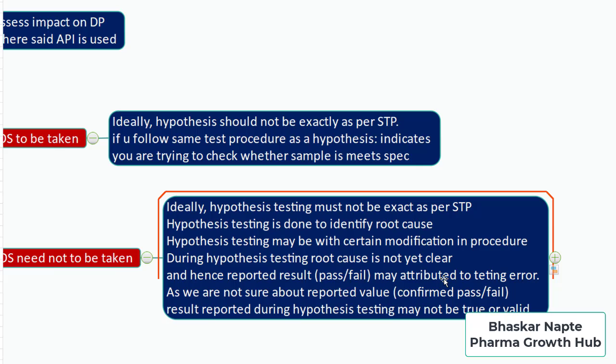You are not very clear about the exact root cause, and hence the reported result, may be pass, may be fail, may be attributed to a testing error that is still hidden, and you are not able to identify it. We are not sure about the reported value, whether confirmed pass or fail. The result reported during hypothesis testing should not be considered valid, right?